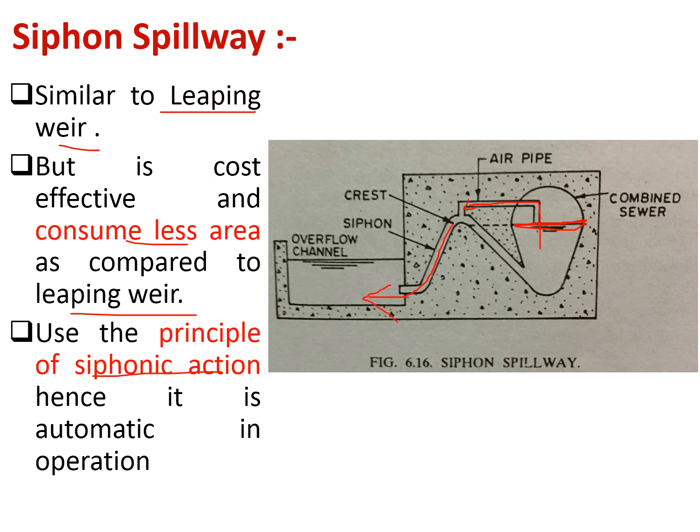It can handle only water depth up to this level. As the level increases, it will automatically go into the air pipe, replacing the air with water, and at the crest point the siphonic action will develop, and it will automatically flush out to the overflow channel.